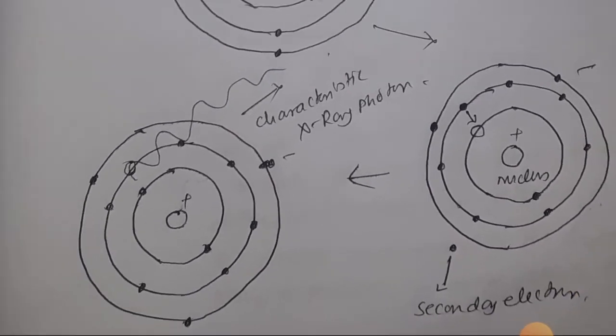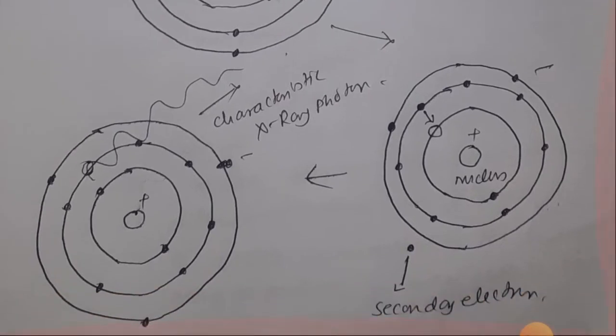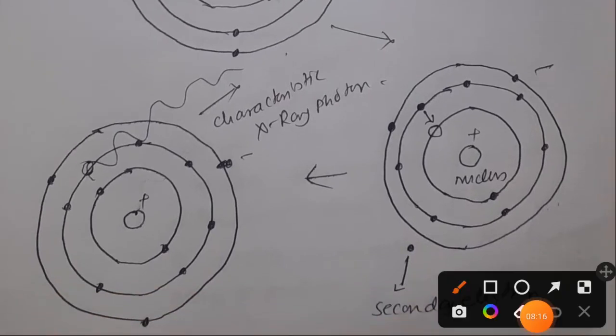Before that I want to mention another important thing. As the primary electron knocks out one electron from the inner shell, obviously there is a free space for one electron in the inner shell, and that makes the atom unstable. Under such circumstances, one electron from the outer shell will jump into the inner shell, as you can see here.